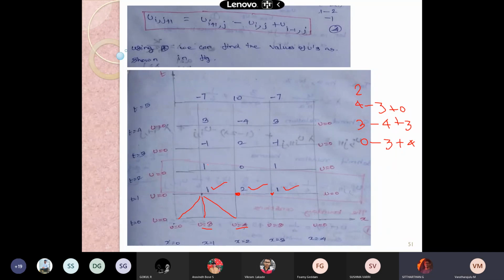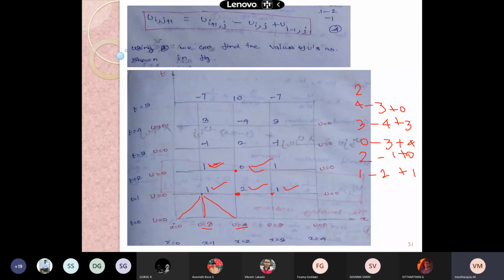For me, how can this point be calculated? 2 minus 1 plus 0. 1. Pranav, how can this point be calculated? Minus 1 minus 2 plus 1. Very good, 0.